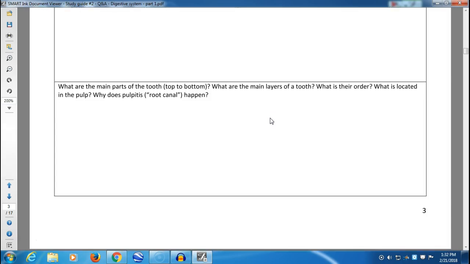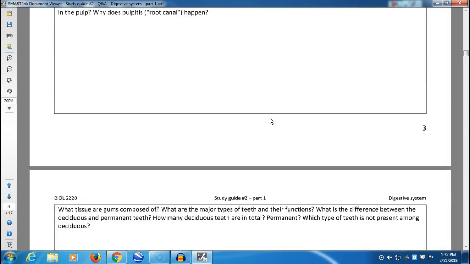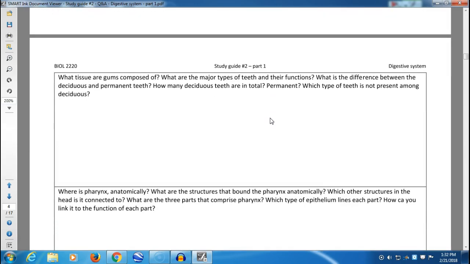When does pulpitis happen? When bacteria get into where? The pulp cavity. Gums are connective tissue. By the way, gums are covered with what? Epithelium. Stratified squamous because of rubbing, right?